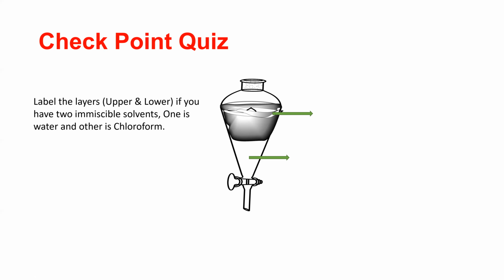So you have to think about whether the water has the higher density or the chloroform has the higher density than the water. Just label that, and you can share that sheet on the Moodle. What is your quick answer for that checkpoint quiz, that is, which is the denser among this water and chloroform mixture of two immiscible solvents.